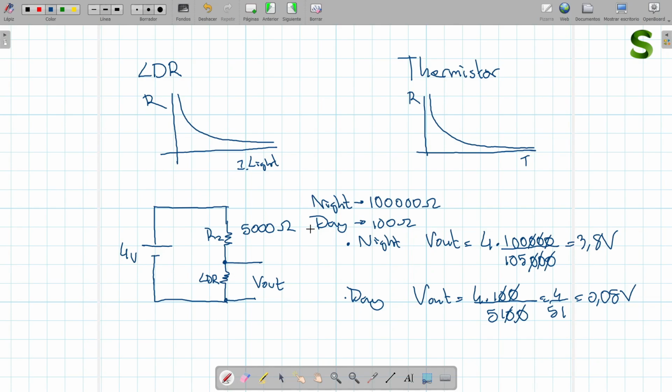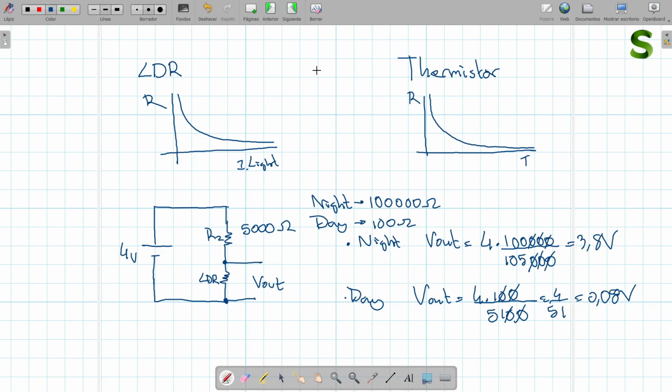So with this type of circuit, if we use the LDR as R1, we have a circuit that at night will give us voltage, so for example will turn on a light, and during the day it will give us barely any voltage, so it will turn off the light. So it can be one of those lights that we use in gardens, that are turned on at night and turned off during the day.